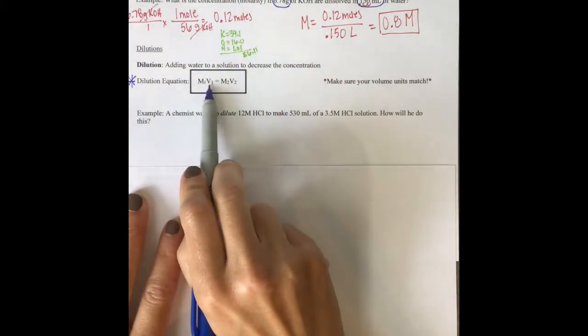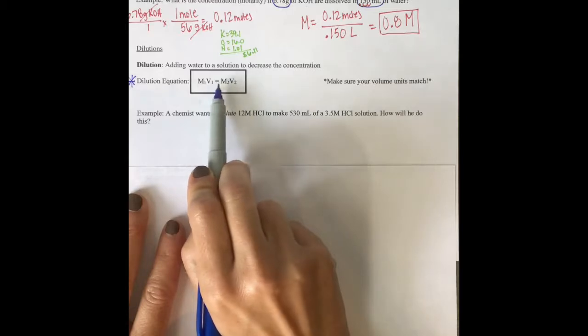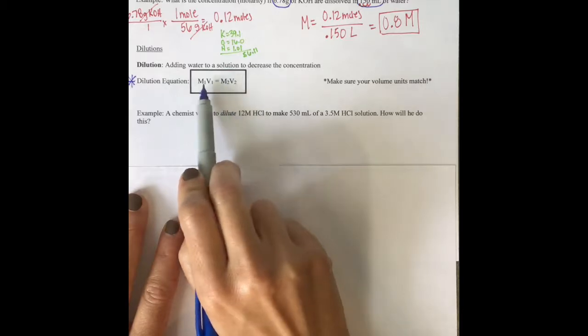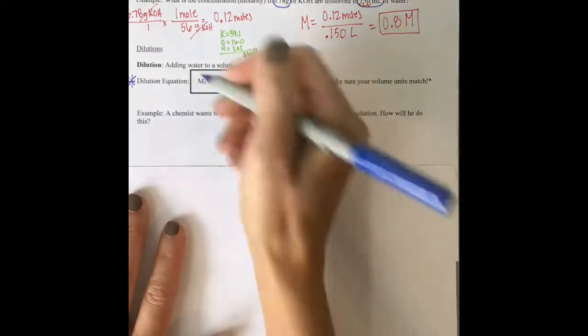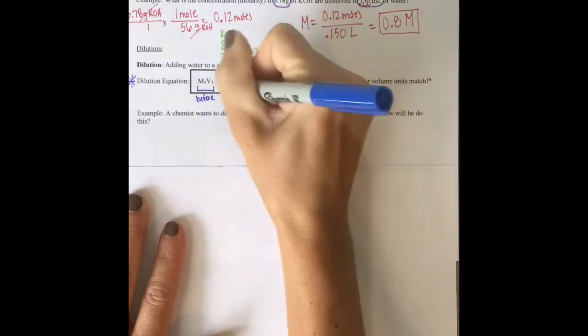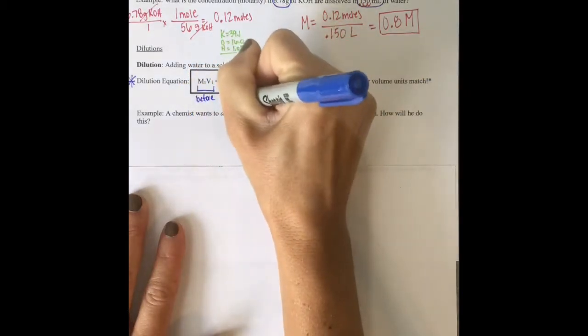It says molarity times volume of your initial solution is equal to the molarity times the volume of your final solution. I like to label this part before and this part after, and that may help you think through these types of problems.